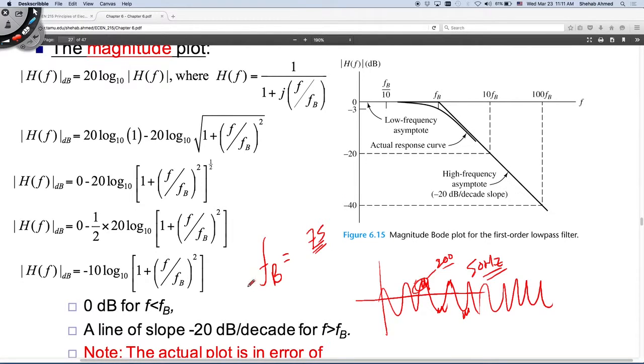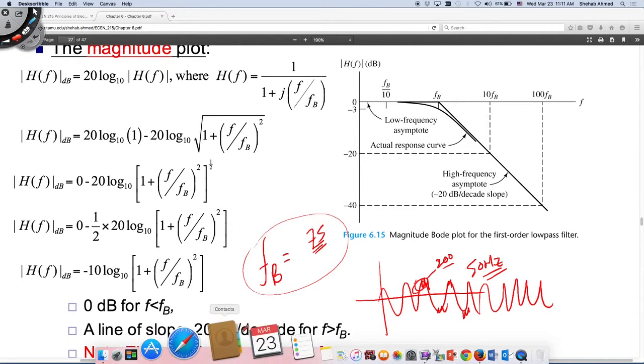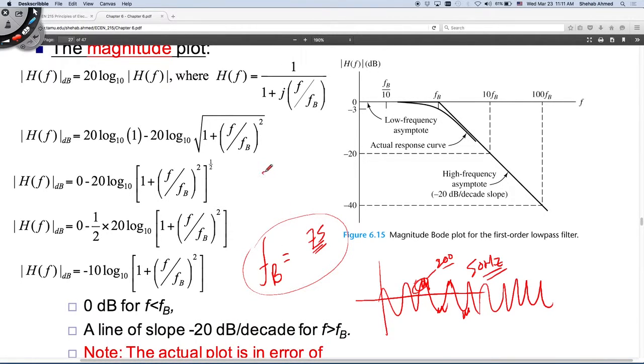So I would probably select FB to be 75 in that case. And FB is equal to 1 over 2 pi RC. So you select your R and C correspondingly. Once you select your R and C, from your knowledge of FB, then you can draw these asymptotes.